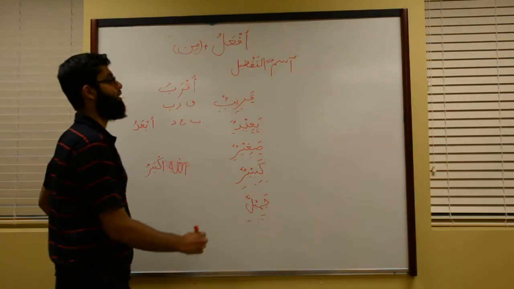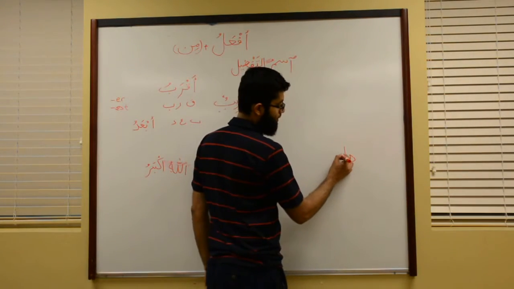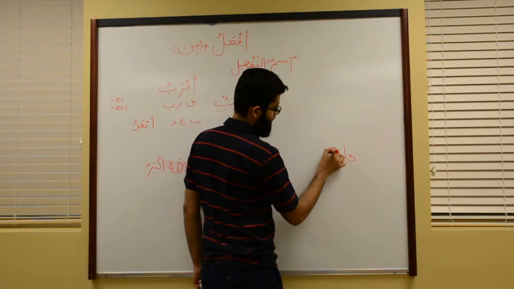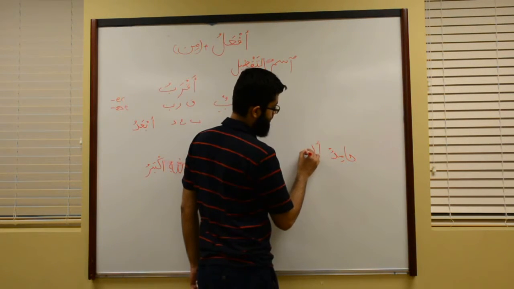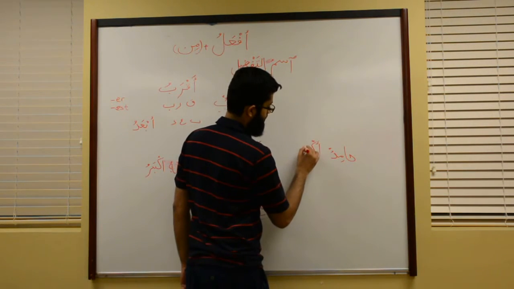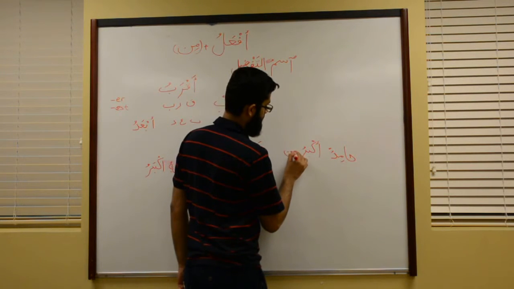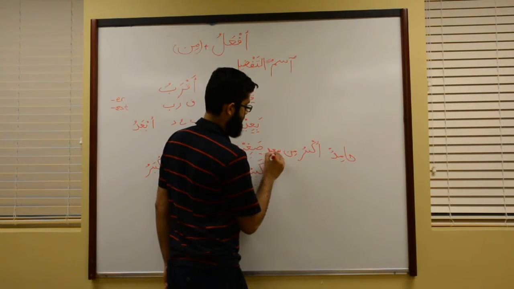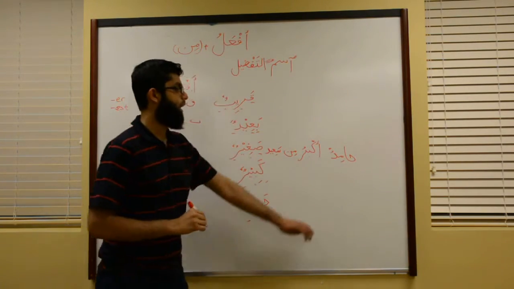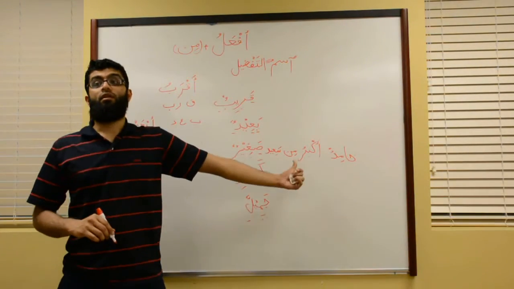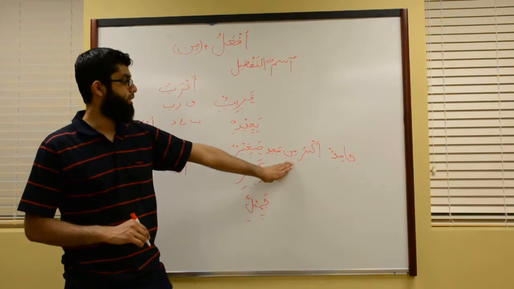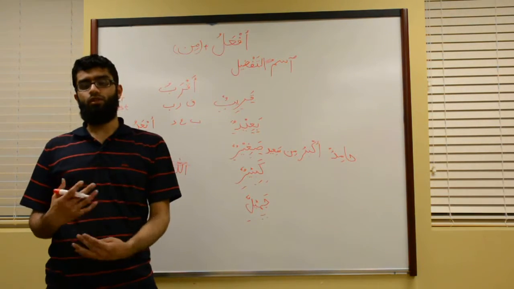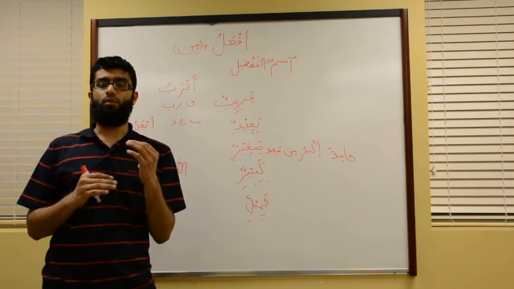If I say Hamidun akbaru min Sa'id, let's say. Okay, Sa'id. So I'm saying Hamid is bigger than Sa'id. I put a min there, and it immediately changed the meaning to a comparative degree.